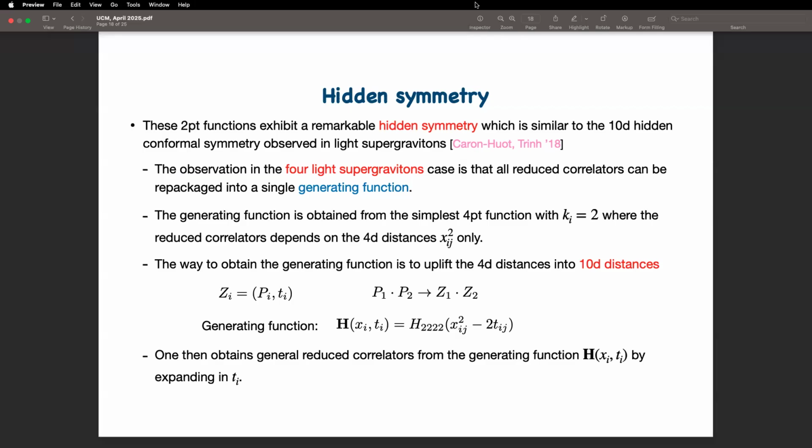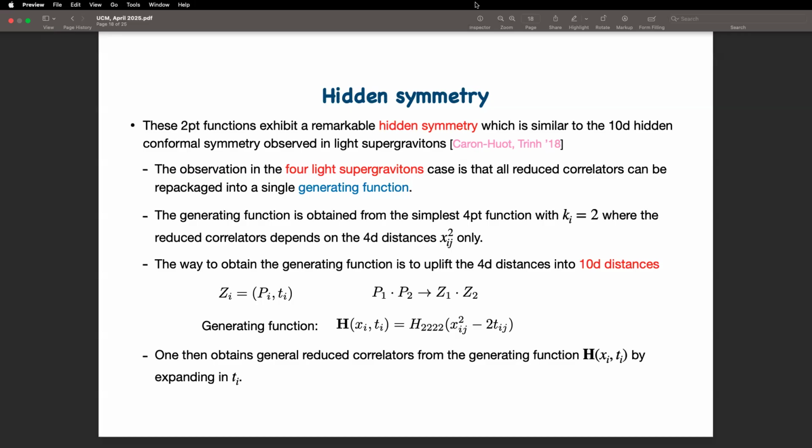What they found is that if you have 4 light supergravitons, you can also write the answer as a free part and a reduced part. And this reduced part can be repackaged into a single generating function, which is obtained from the simplest correlator, where the KK level has its lowest value 2.